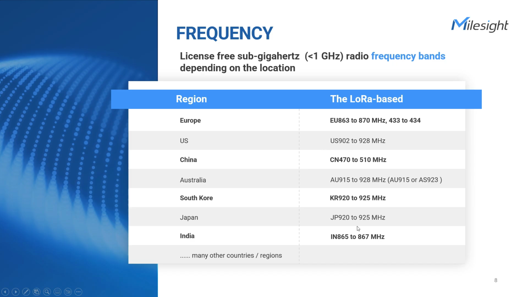In Australia, it operates between 915 and 928 MHz, and the region codes used for software setup are either AU915 or AS923. Region code setup is often just a line of code. From that point forward, the way LoRaWAN is used is common for all devices.